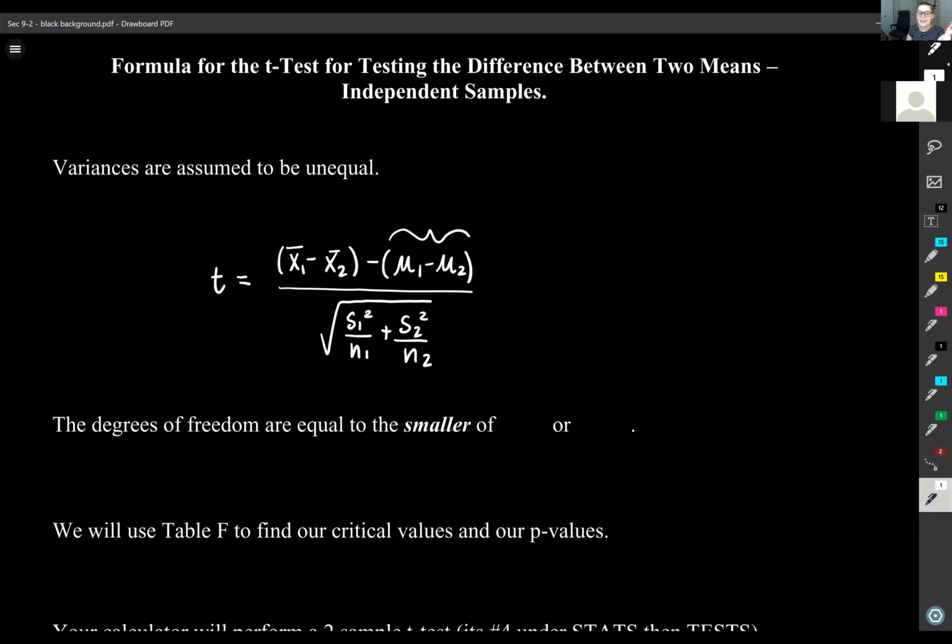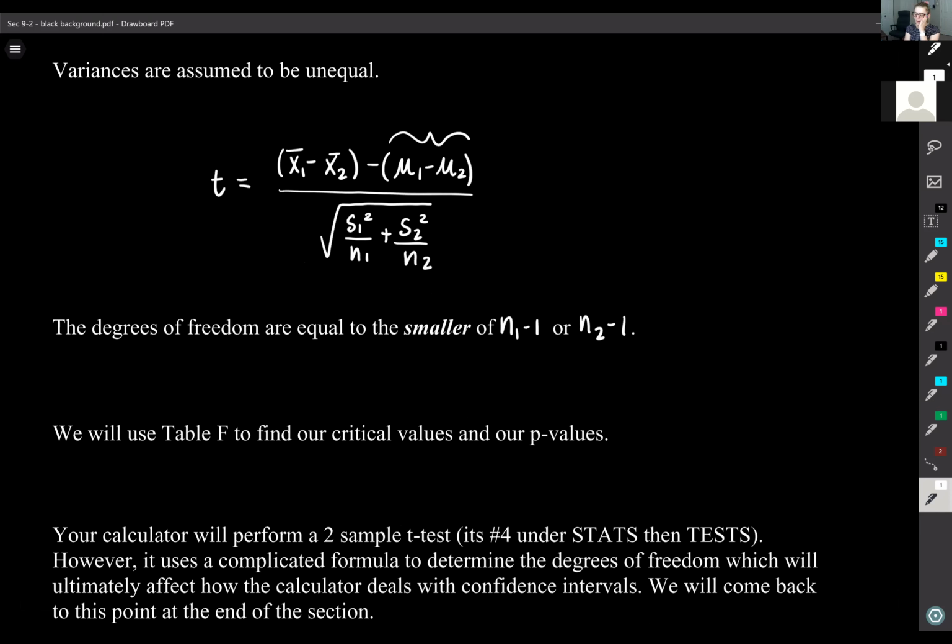What we do is they are equal to the smaller of n1 minus 1 or n2 minus 1. Basically, you figure out the degrees of freedom for each sample separately, and then you take the smaller of the two. That's how we deal with that. And then it says right here, we will use table F to find our critical values and our p-values. Table F is just the one for the t-distribution, which makes sense because we're doing a t-test.